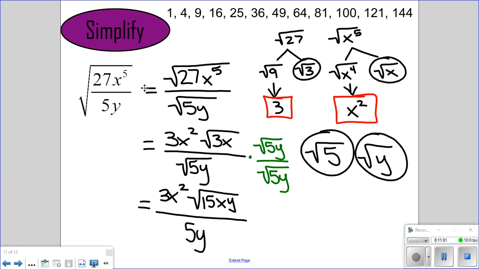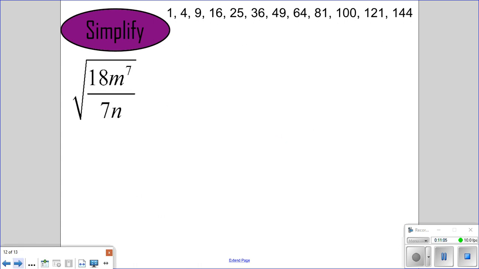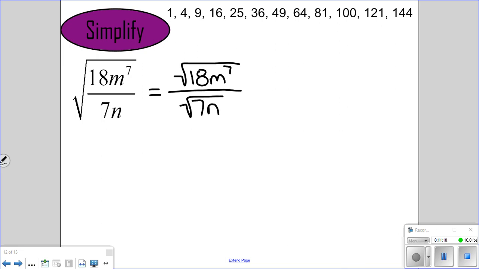One more problem to go, and then we are all done here. So same exact principle as last time. So we have root 18m to the 7th over root 7n. Nothing can be simplified, so there's nothing that we can do there. So up top, we have root 18 and root m to the 7th.